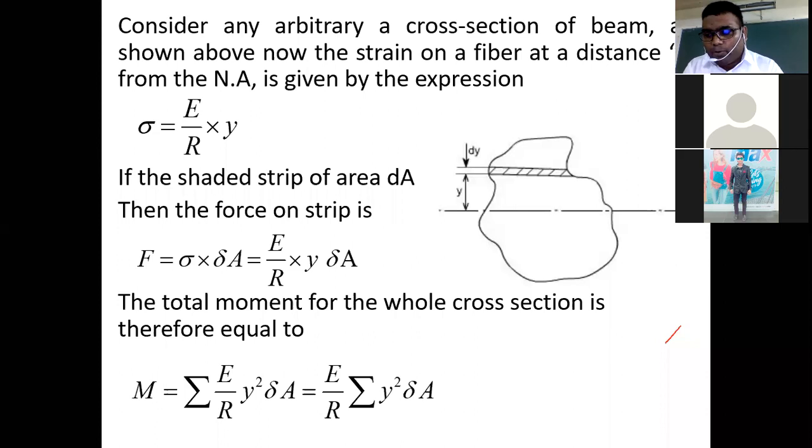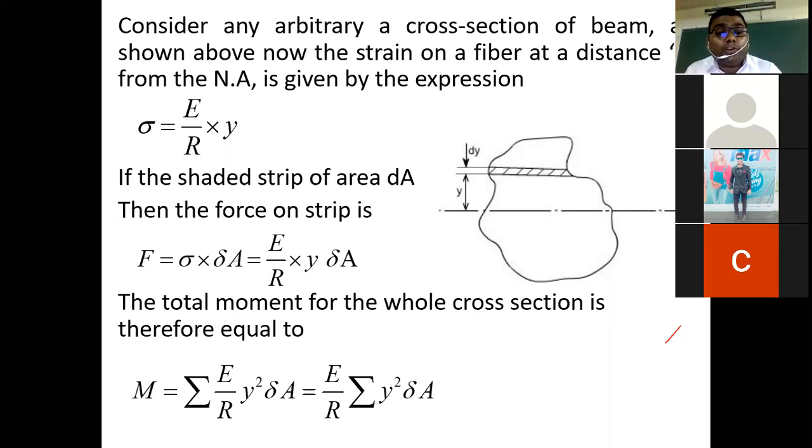This is a simple formula you studied in the first unit. So sigma is equal to force upon A, so force is equal to sigma into A. Now just put in this value, E by R y into dA or del A. Okay, the total moment of the whole cross section is therefore equal to.